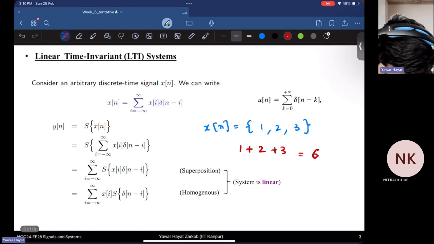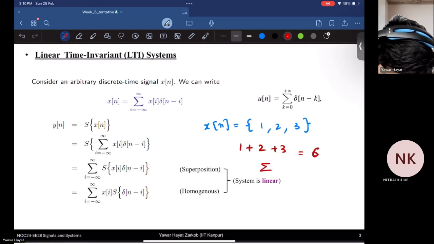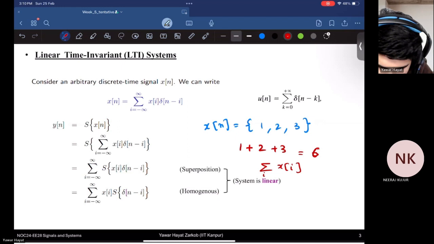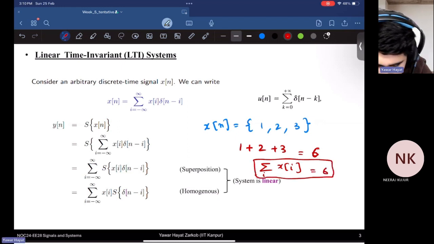Yes, that would have been the case had I written something like summation over i of x of i. This would have been 6. You are right, this would have been a number.